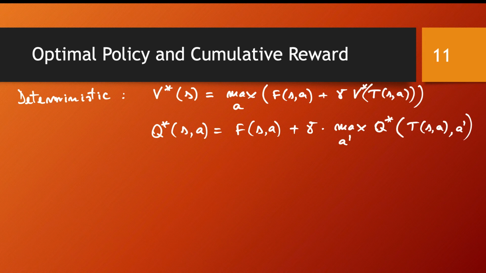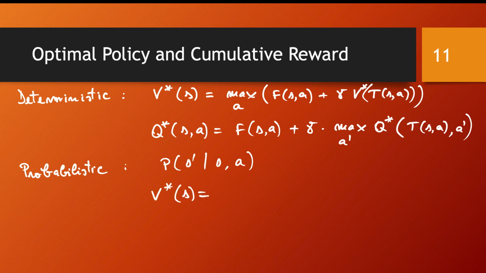Now for the probabilistic system, where as a result of action A we can reach any other state and we have a probability distribution over the set of states, the idea was that we have defined the probability of reaching state S prime given state S and action A. So in that case the optimal value of state S is simply a rewriting of what I had on the previous slide.